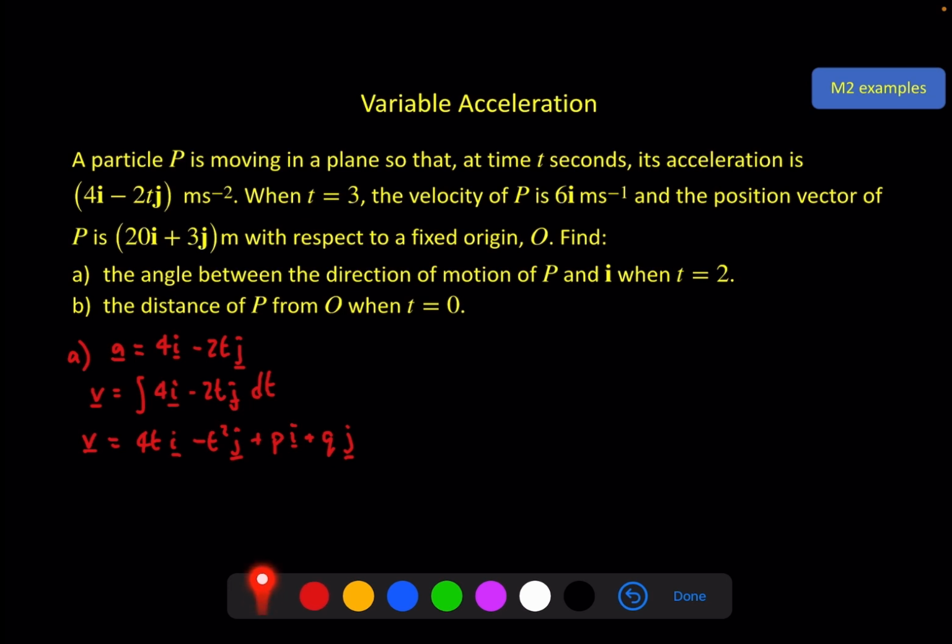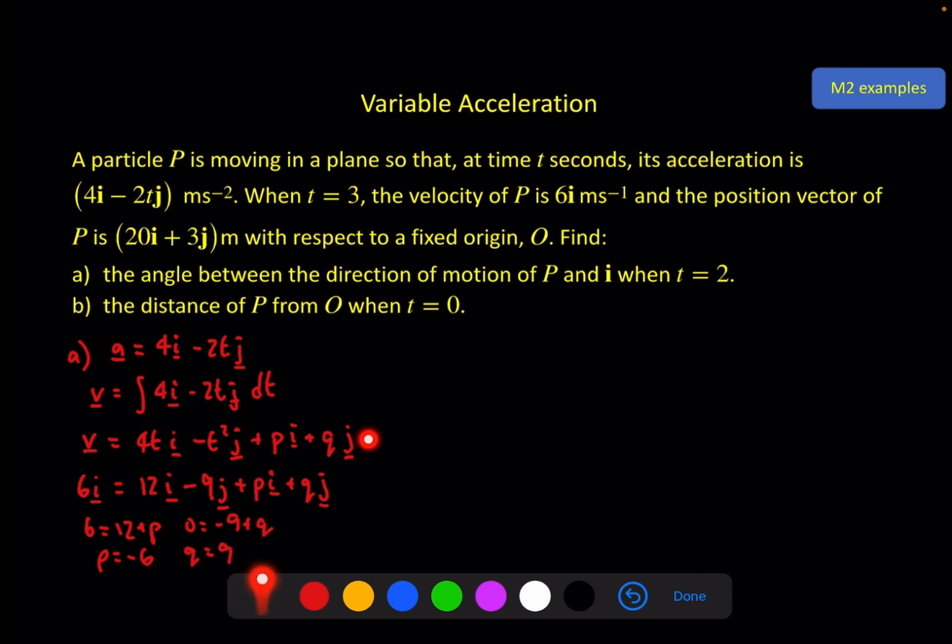Using our first boundary condition, t equals 3, the velocity is 6i. So 6i, when t is equal to 3, that's 12i here, minus 9j plus pi plus qj. If we equate the i and j components, we get 6 is equal to 12 plus p for the i, so p is equal to minus 6, and 0 is equal to minus 9 plus q for the j, so q is equal to 9.